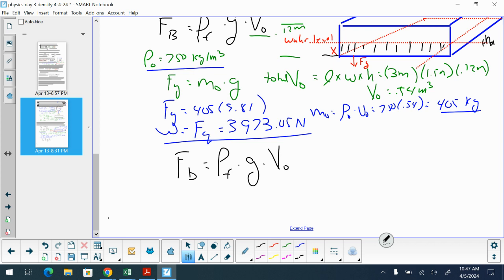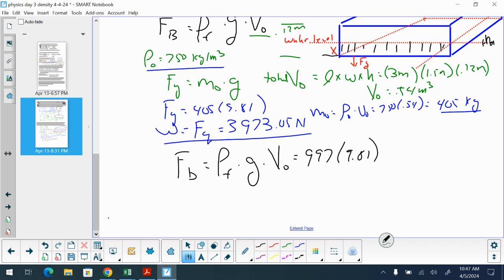Well, density of the fluid, we can use 997. We have gravity, which is our 9.81. But what is the volume of the object that is submerged?